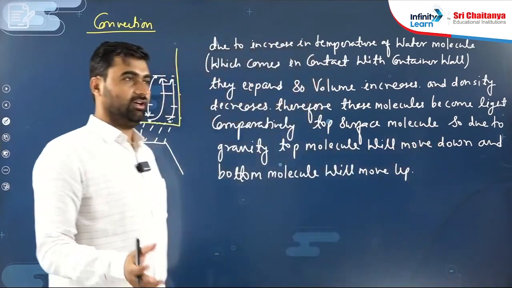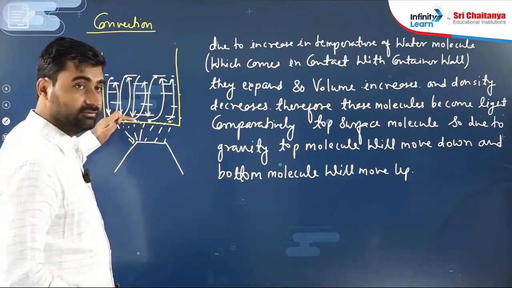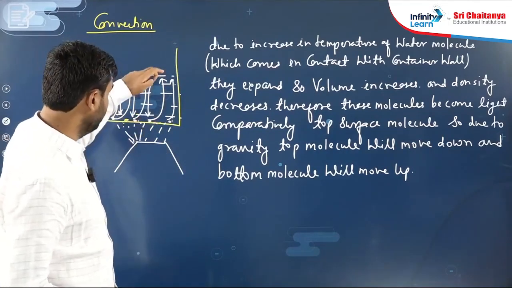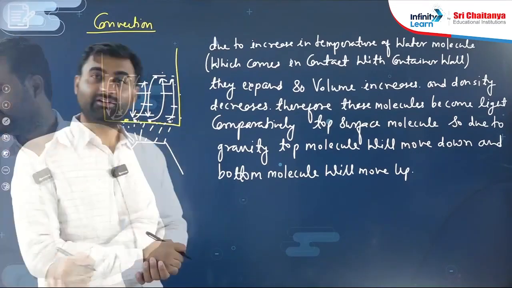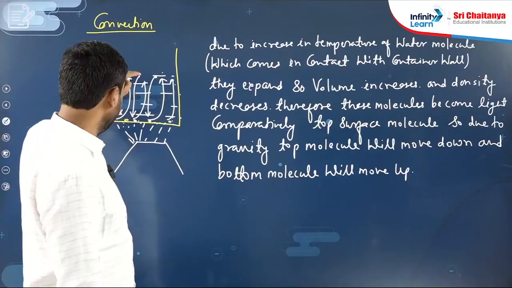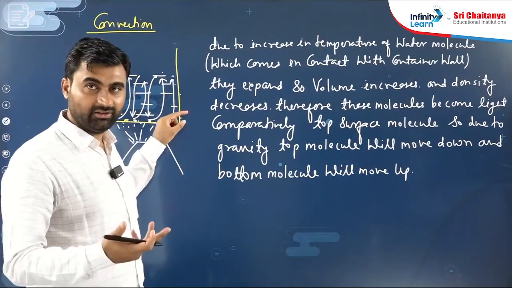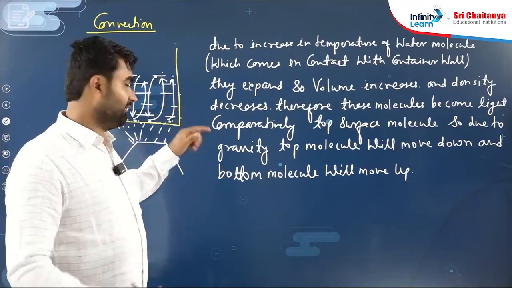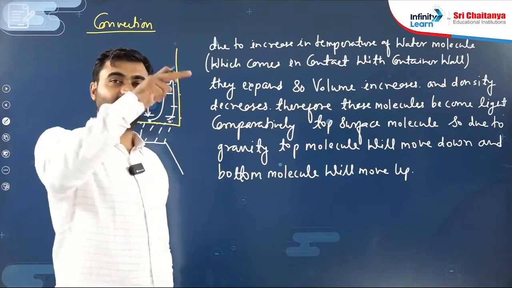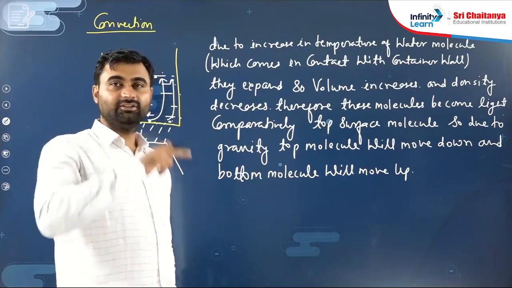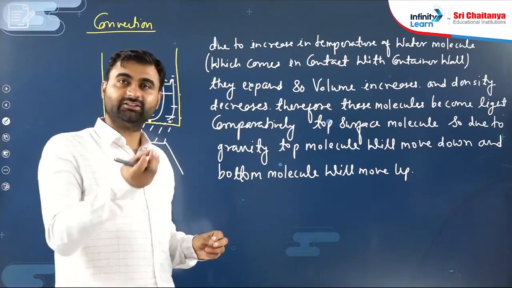Now you can ask, sir, okay, these molecules move down and these molecules move up, but will it repeat or not? It will repeat also. Why? Because now these molecules will come in contact, their temperature rises, they will expand, their density decreases, so they will move up and the others will move down, so this process happens continuously. That's why water temperature increases uniformly.